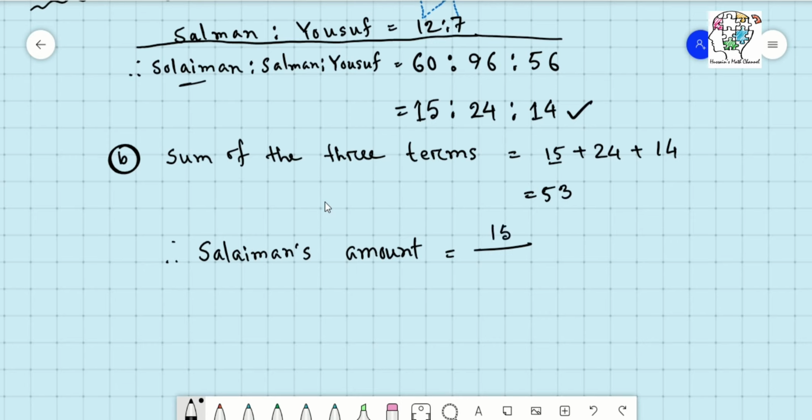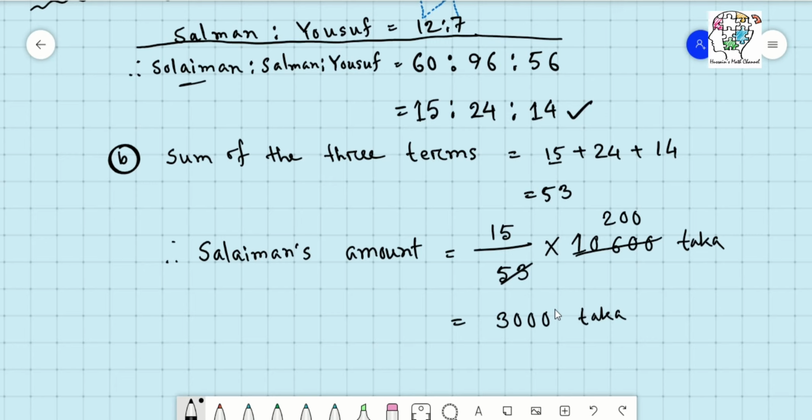So 15 divided by the sum, that means 53, times the total amount of money, that means 10,600. If we divide 10,600 by 53, we'll get 200. And if we multiply this 200 with 15, we'll get 3,000. So 3,000 is the amount for Suleiman.